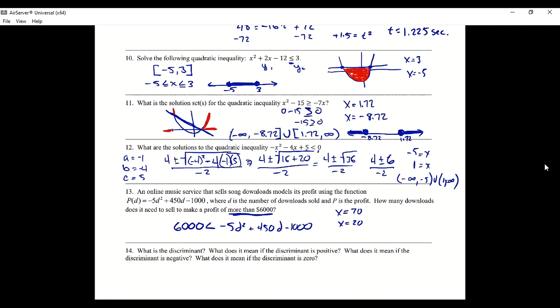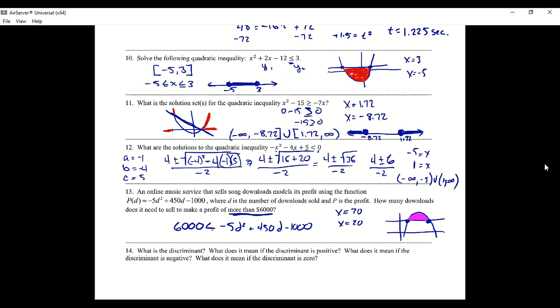Now, we can see graphically what we're looking for. So we have this, not to scale. We have a parabola that looks like this. We have a line that looks like this. So we're looking for above, greater than 6,000. So again, we're looking for this region right here. Therefore, we're looking for the interval between our two endpoints.